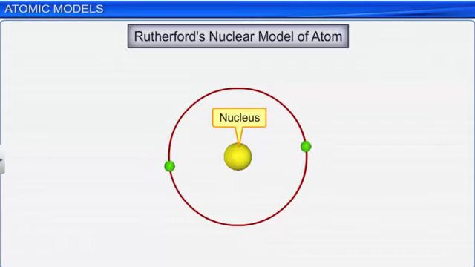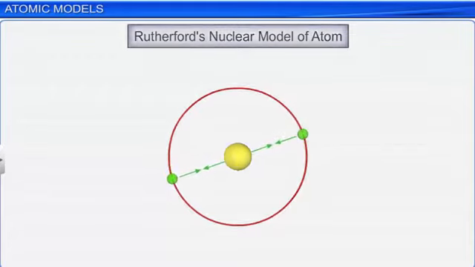They revolve around the nucleus with high velocities in circular paths so as to counterbalance the electrostatic forces of attraction between the protons and electrons. Electrostatic forces of attraction hold the electrons and the nucleus together in an atom.